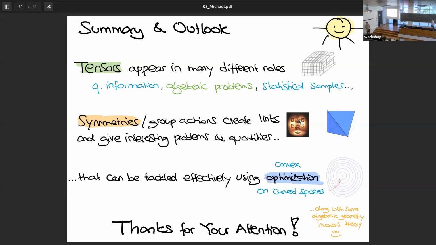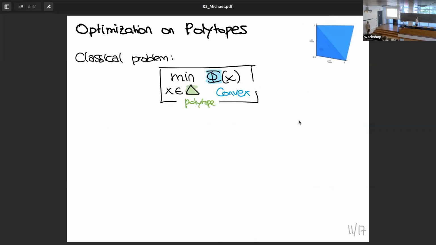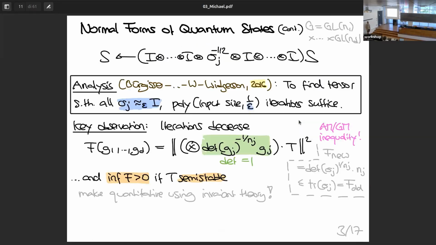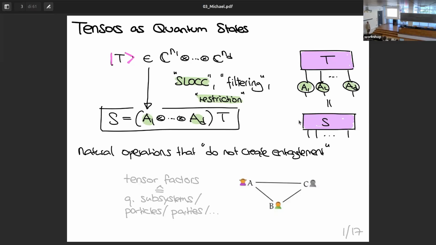In the very beginning, you had the restriction of T to S, something like S equals A1 to AD times T. And this looks exactly like another tensor decomposition, namely the Tucker decomposition. You have the central tensor T, and then it's a star decomposition, not one line.